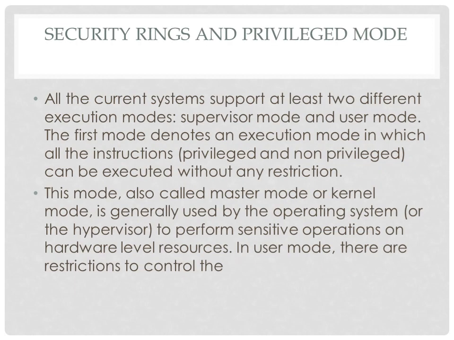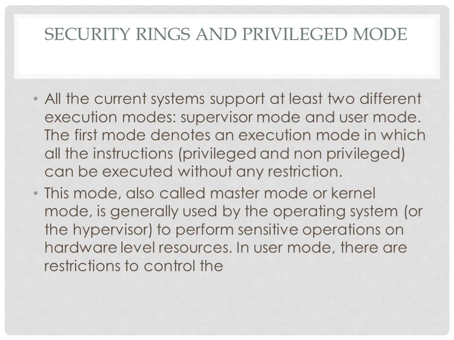Security ring and privilege modes. All current systems support at least two different execution modes: supervisor mode and user mode. The first denotes an execution mode in which all the instructions, privileged and non-privileged, can be executed without any restriction. This mode, also called master mode or kernel mode, is generally used by the operating system or hypervisor to perform sensitive operations on hardware-level resources.